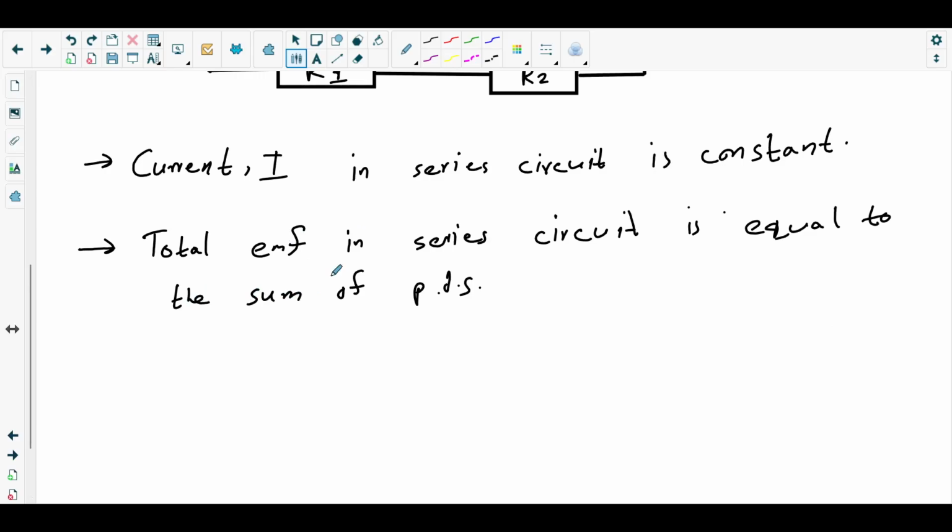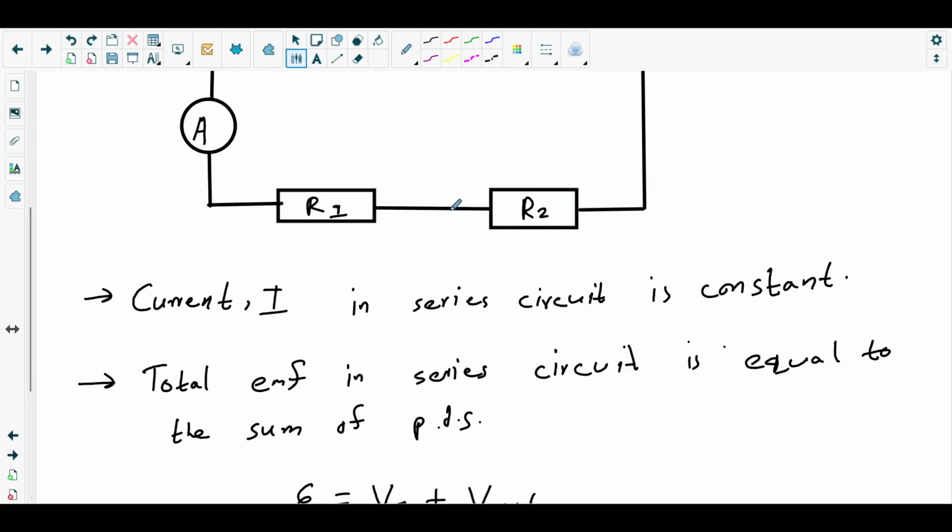The second law, that is Kirchhoff's law for voltage in a series circuit, says the total EMF in a series circuit is equal to the sum of the PDs. That means EMF equals V1 plus V out. I'll take V out because I'll derive the potential divider circuit equation.